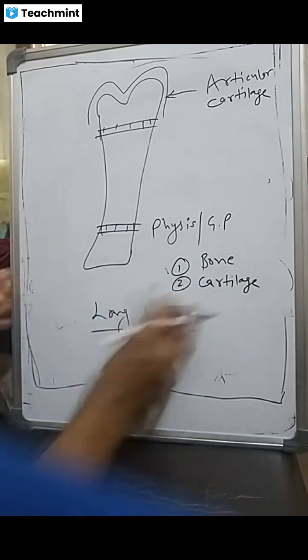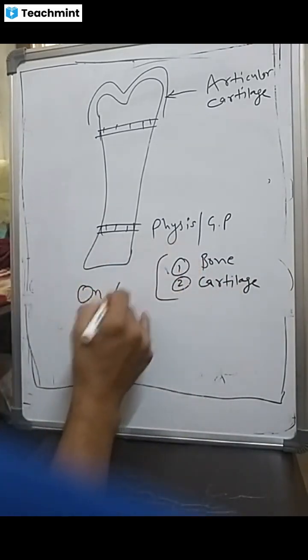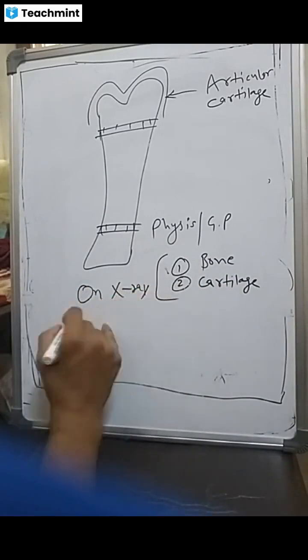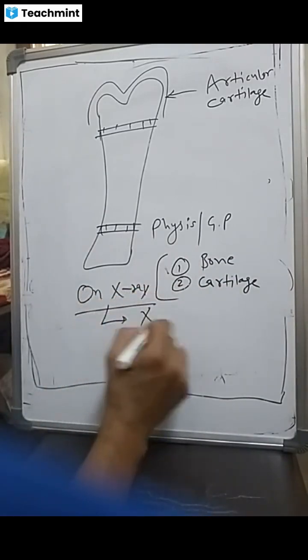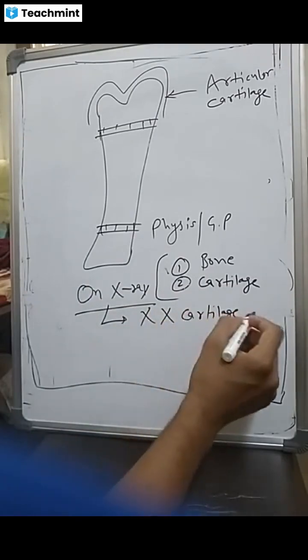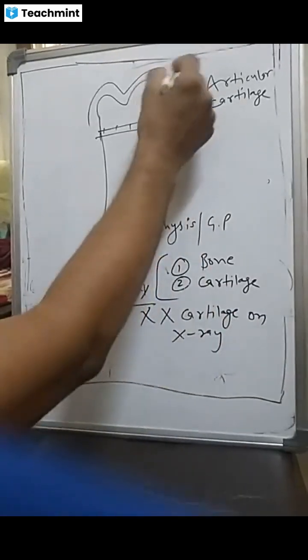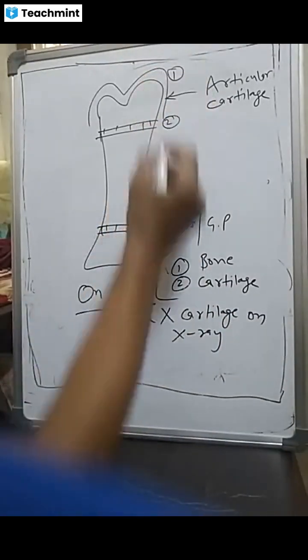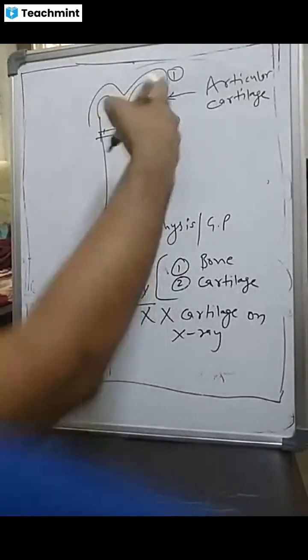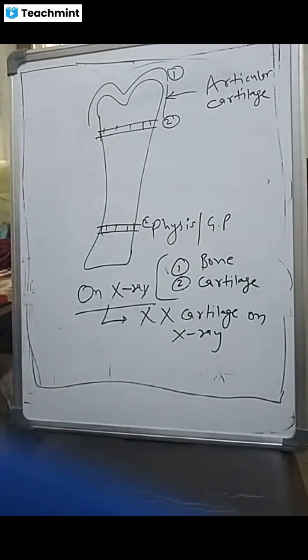If we see these structures on X-ray, we cannot see cartilage. It means this articular cartilage and, number two, this growth plate, these two structures are not visible on X-ray.